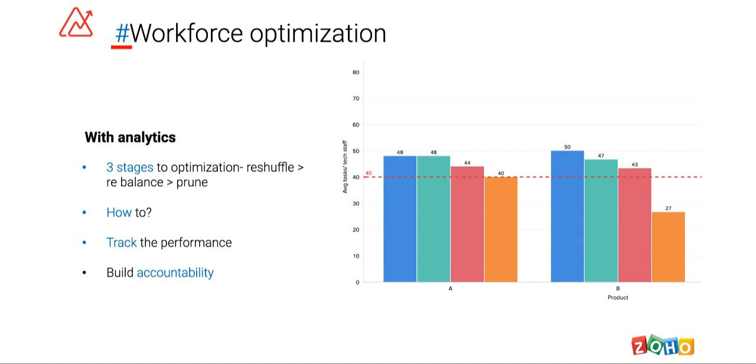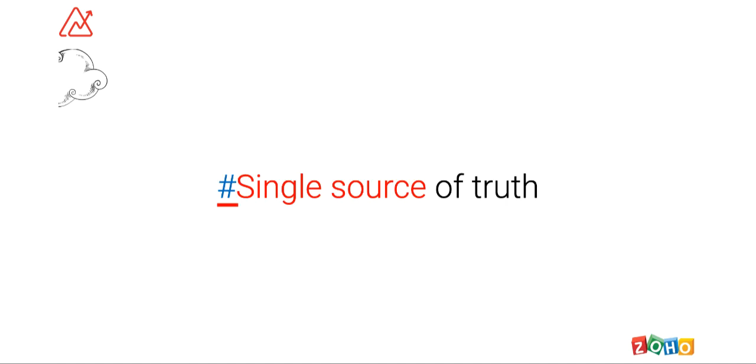And yes, what you just saw is all about tracking the performance of your team, which is very critical during a crisis. And also, it builds accountability into the system. I did mention to you that we will talk on one of the other aspects, that's a single source of truth.